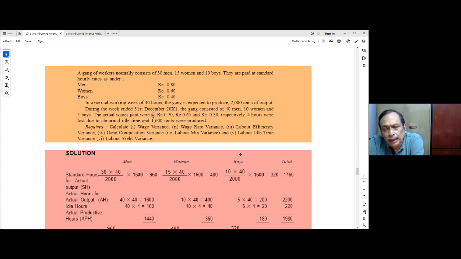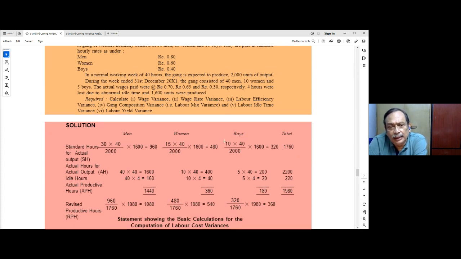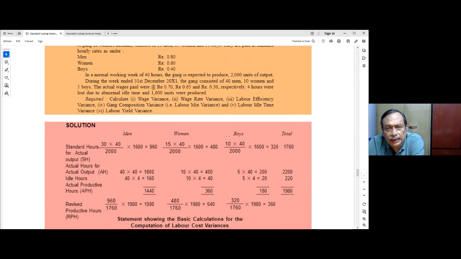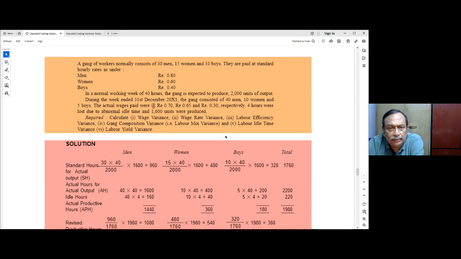So if you give attention to the problem, it is written in the question that 4 hours were lost due to abnormal idle time and 1,600 units were produced. So we are required to make certain basic calculations, that is standard hours for actual output, SH, which is 30 into 40 divided by 2000 into 1600.